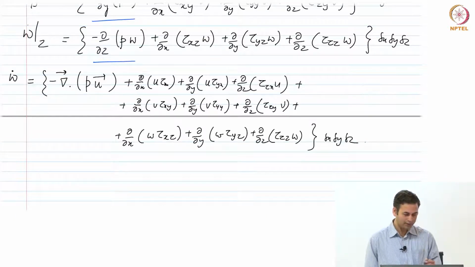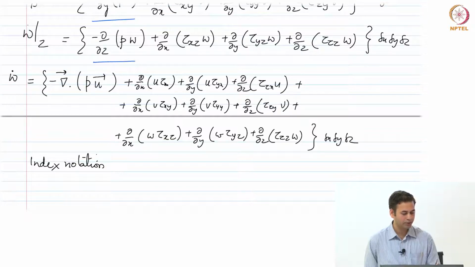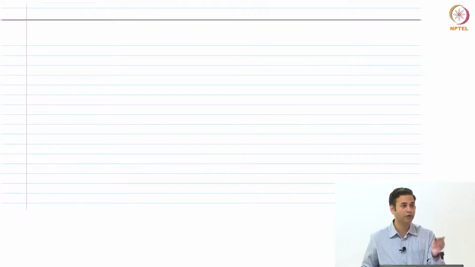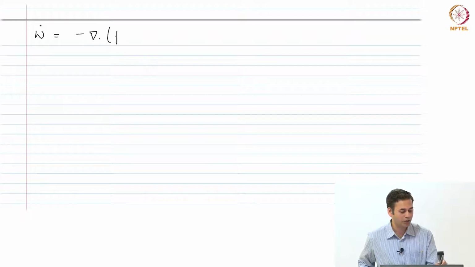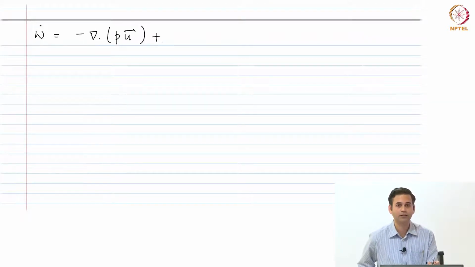We can of course write this in a compact notation using the index notation, in which we can club all these terms that we have, because you have it on your notes. This was the W dot equals minus del dot p u bar, plus we had these 9 terms.